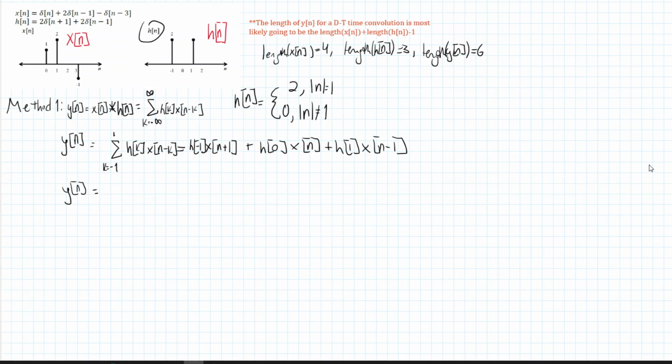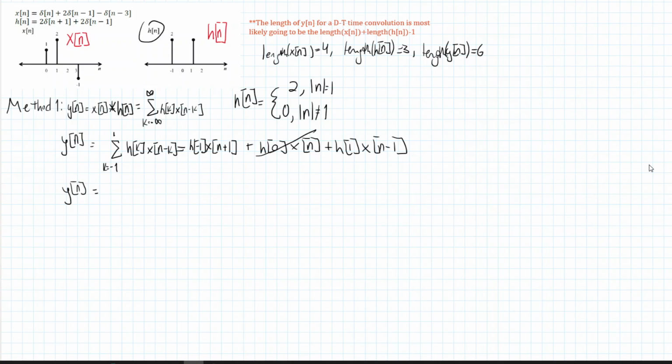We already did the simplification here. All right, so h of 0, well, h of 0 is right here. Here's our definition of h of n, and we have it right here. So that's 0. So 0 times anything is going to be 0, so we can just get rid of all that. h evaluated at negative 1 and h evaluated at 1 are both 2, so we can rewrite y of n. We can replace all of our h of n's.